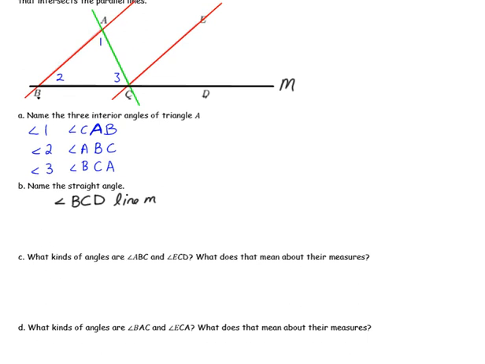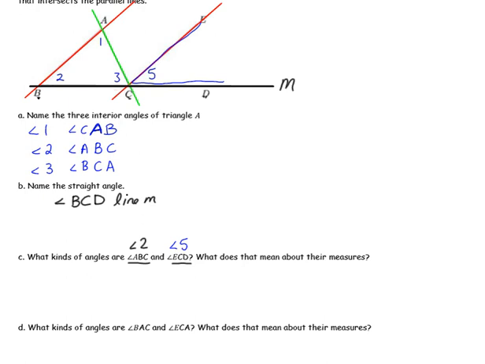Next, what kind of angles are ABC and ECD? So angle ABC, that was angle 2. And ECD, we have not named yet, so let's go ahead and name that. ECD is this angle. Let's call that angle 5.